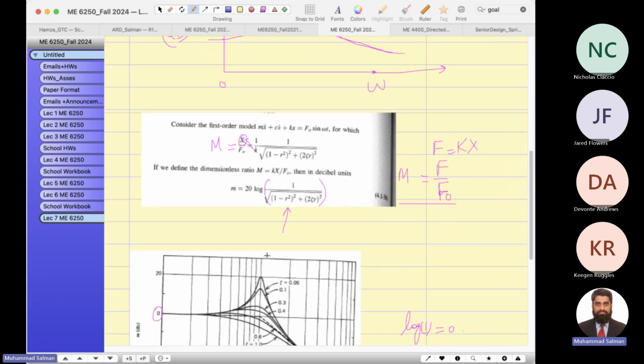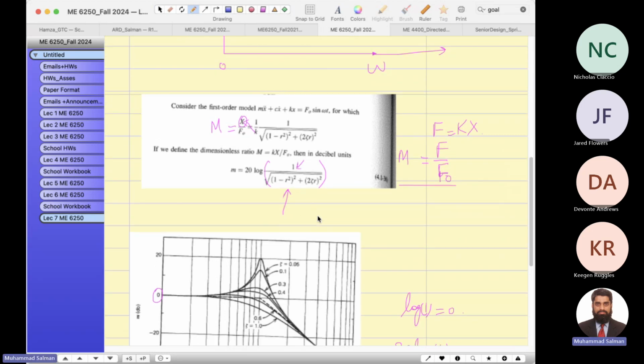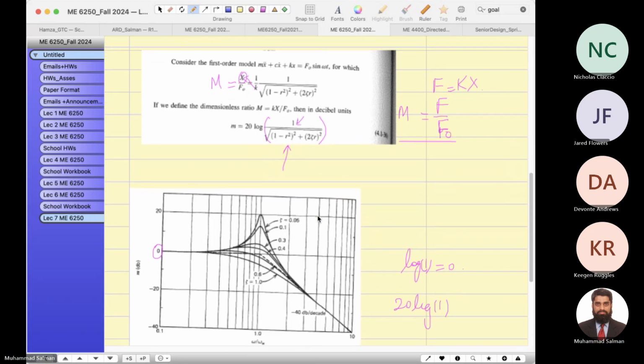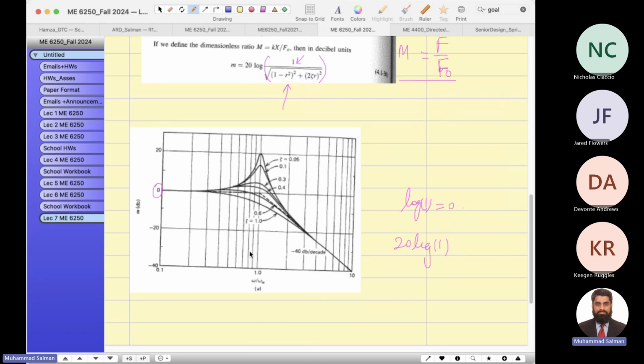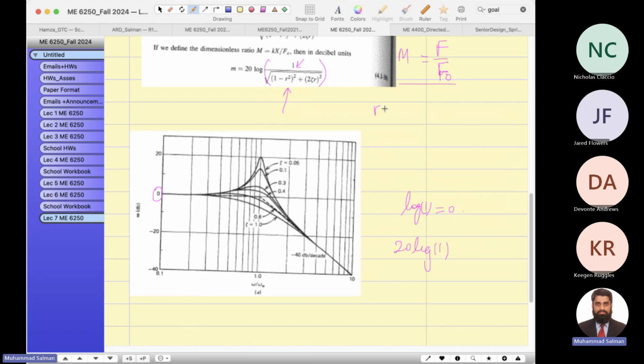If you consider this as 1 with zeta equal to 0 over here, you can then change the value of zeta, and the starting frequency ratio r equals omega over omega n, where omega can be considered as 0. So 0.1 is very close to 0. And what happens when the forcing frequency equals the resonance? You will see the largest peak.